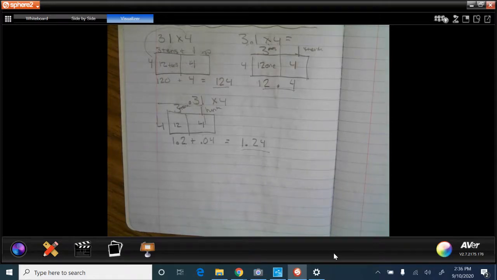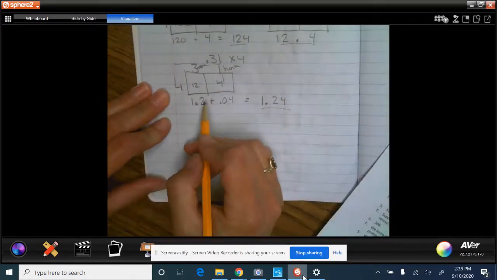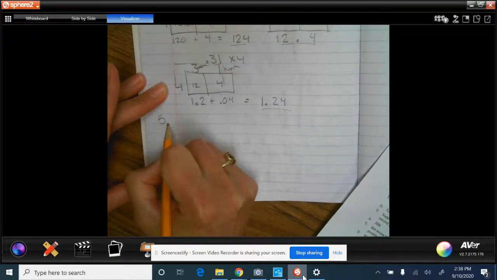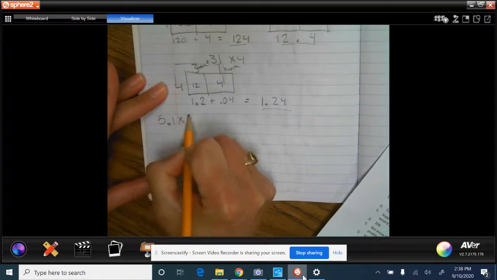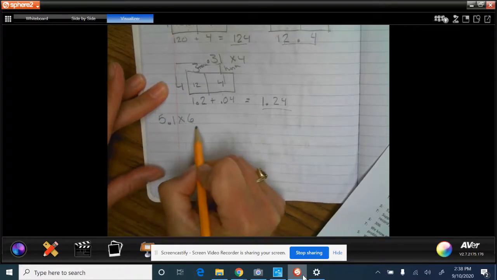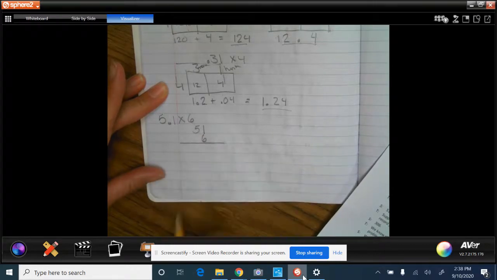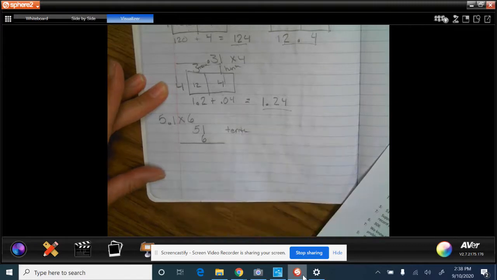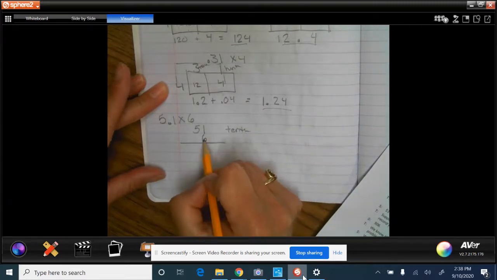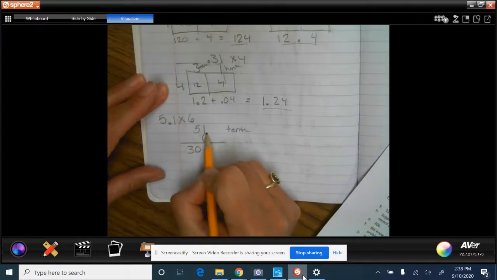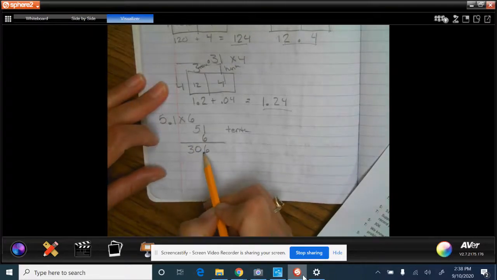So notice that the 124 is the same every time, and it's the decimal point that is shifting every time. Here's another way to look at what I'm saying. Suppose the problem said 5.1 times 6. Okay, I very easily would know how to multiply 51 times 6, right? But I just have to remember that my 51 is actually in the tenths place. 6 times 1 is 6. 6 times 5 is 30. So 51 times 6 is 306.